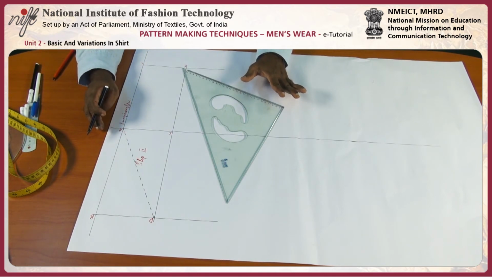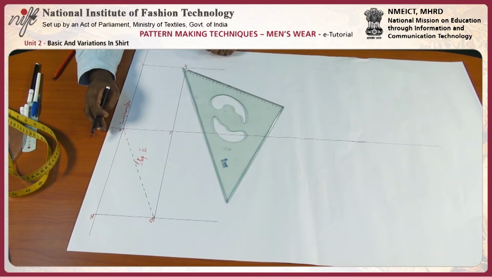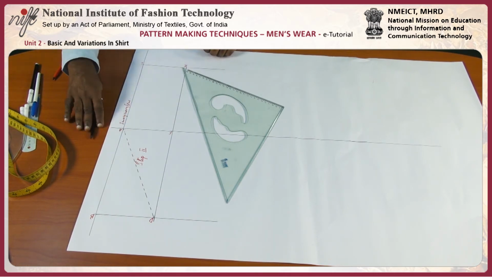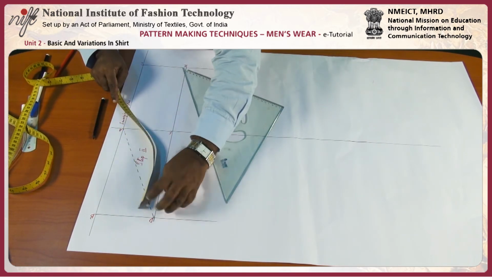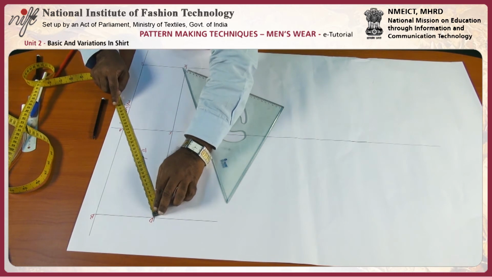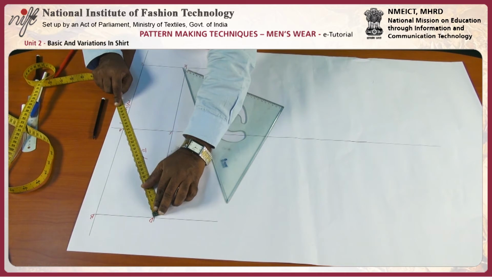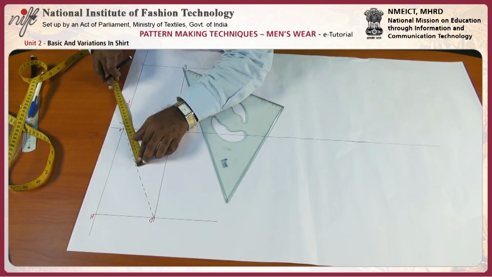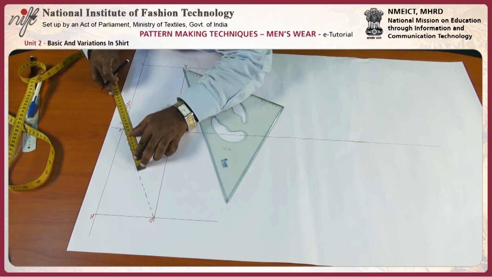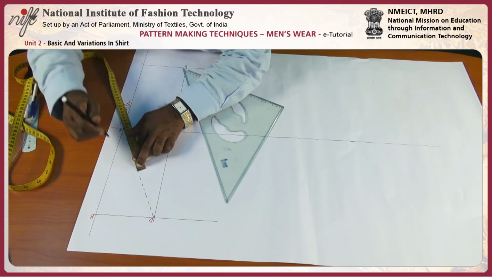A to G is half of AD plus 5 millimeter on the line AD. AD is 24.5, half will be 12.25, plus 5 mm will be 12.75, can be considered 12.8.